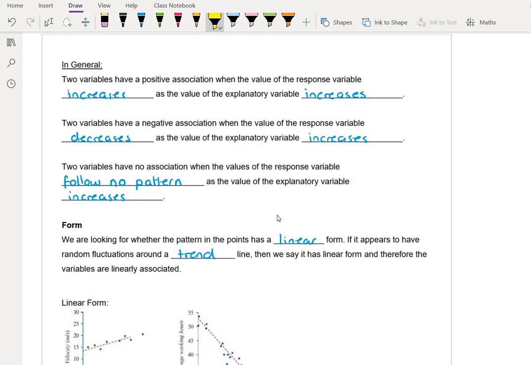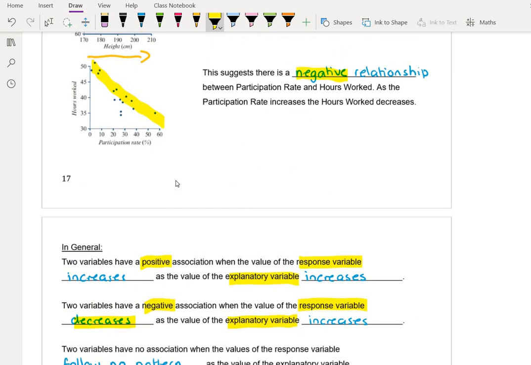In terms of direction, if it's positive, generally speaking, as the EV increases, the RV increases. If it's negative, then as the EV increases, the RV decreases. Looking at this one here, we have the EV here; the EV is always on this axis, and the RV is here.